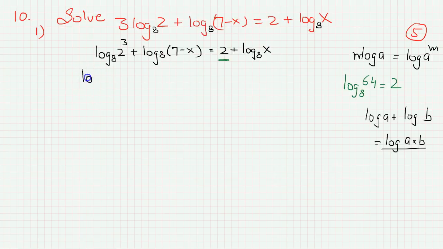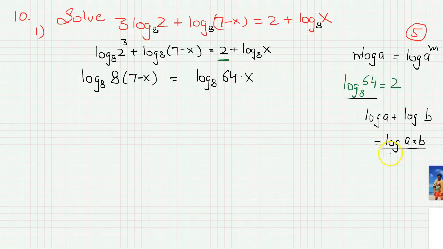So it will be log base 8 of 2 to the power 3, which is 8, times (7 minus x), that is equal to log base 8 of 64 multiplied by x. Same rule we have applied here.